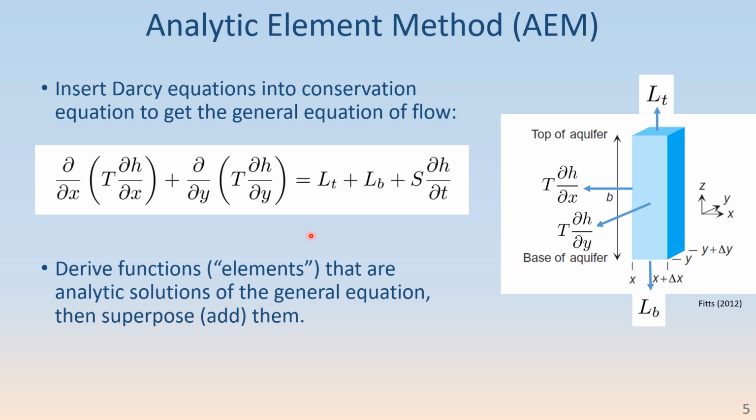And those are set equal to have conservation of mass and volumes. So the analytic element method finds solutions, head as a function of x, y, and time, that obey this general equation. And then you can add those up since this is a linear partial differential equation.